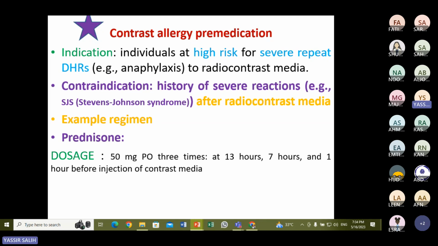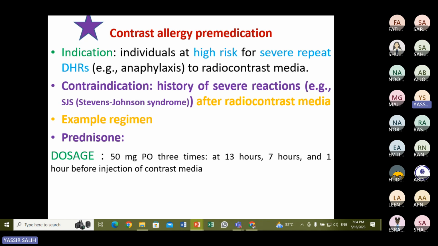But what is the name of this drug, the common drug given to the patient before the contrast examination as pre-medication for contrast allergy? Which drug do we give? Prednisolone, a steroid.